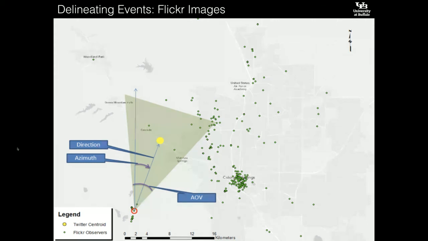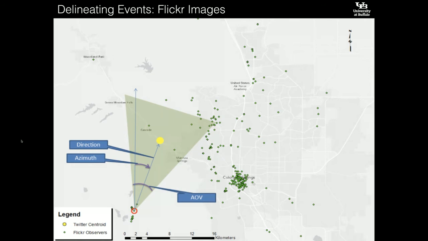So we use Twitter to define an area of interest. We know there's a wildfire happening in Waldo Canyon, and we assume that all people who take photos during that event, and that mention fire in the tag of the photo, are talking about the Waldo Canyon fire.